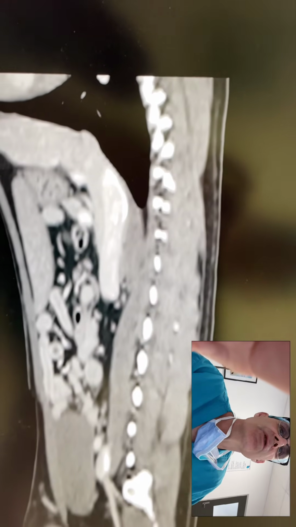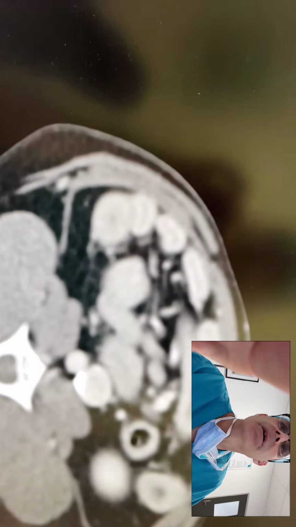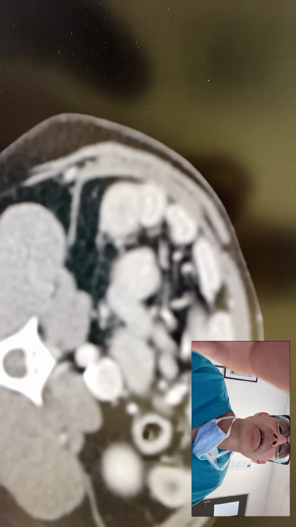So I can also show you a 3D volume rendering coming up here. And let me just turn down the brightness.